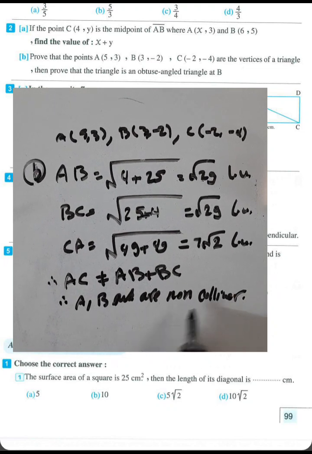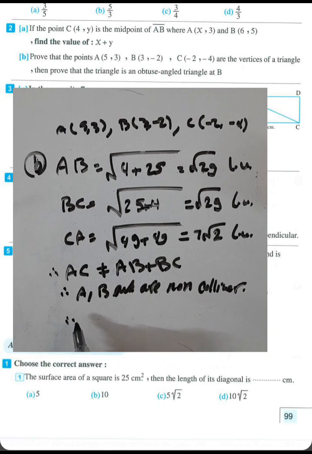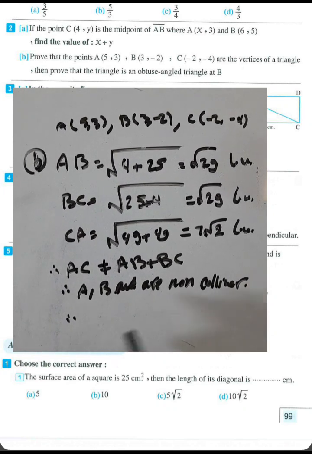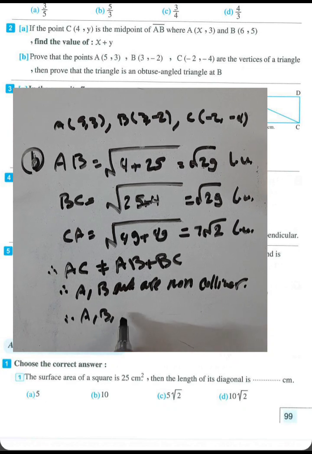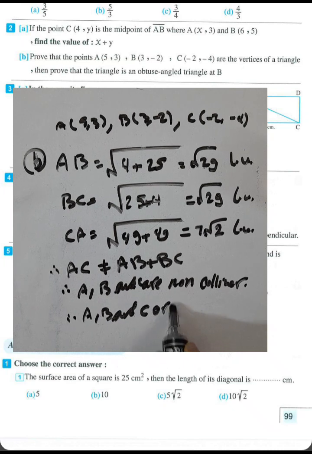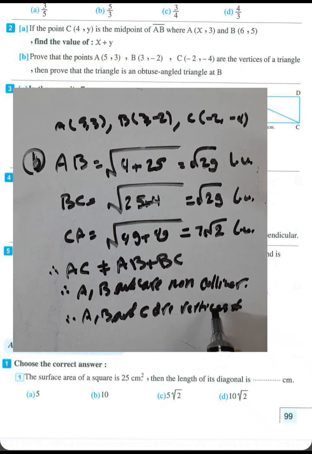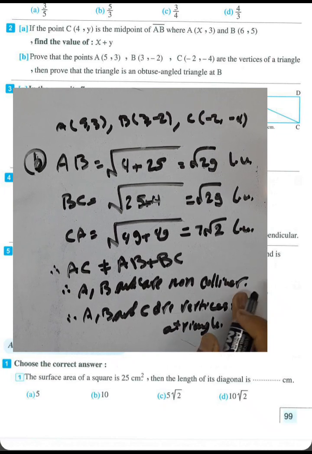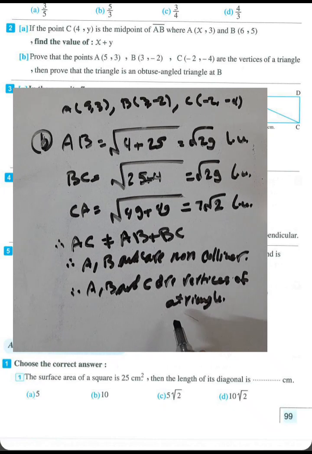And then we prove that A, B and C are vertices of a triangle. Okay, they are vertices of a triangle.